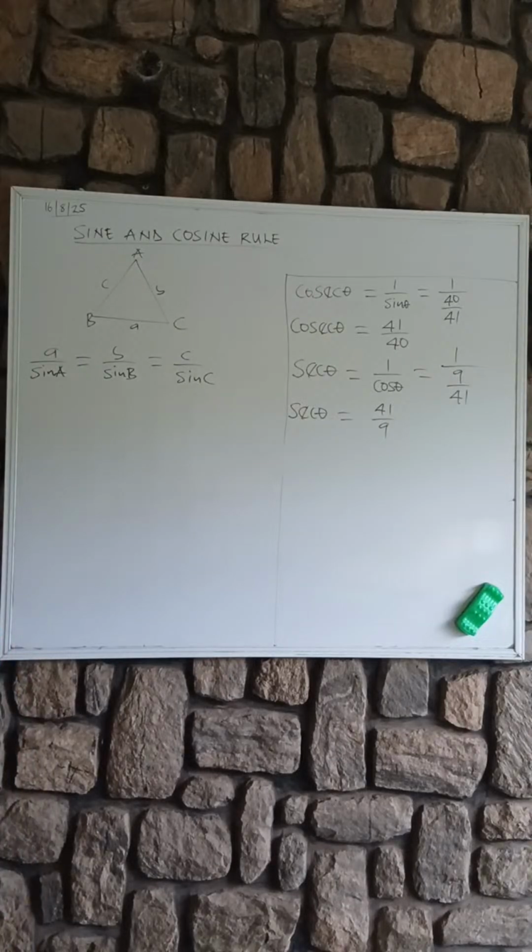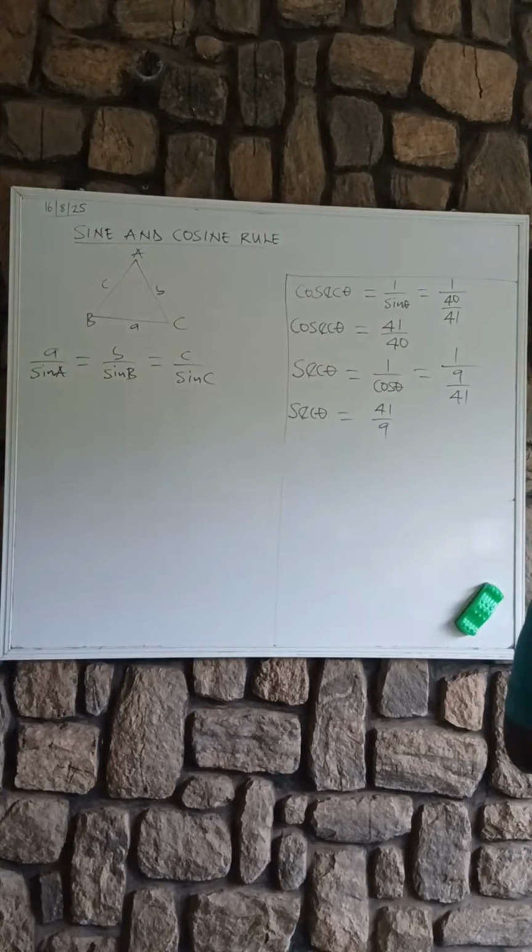Hope you are seeing the board. Okay. So this implies that these rules may be used only when one side and any two angles are initially given, or two sides and an angle, not the included angle, are initially given.